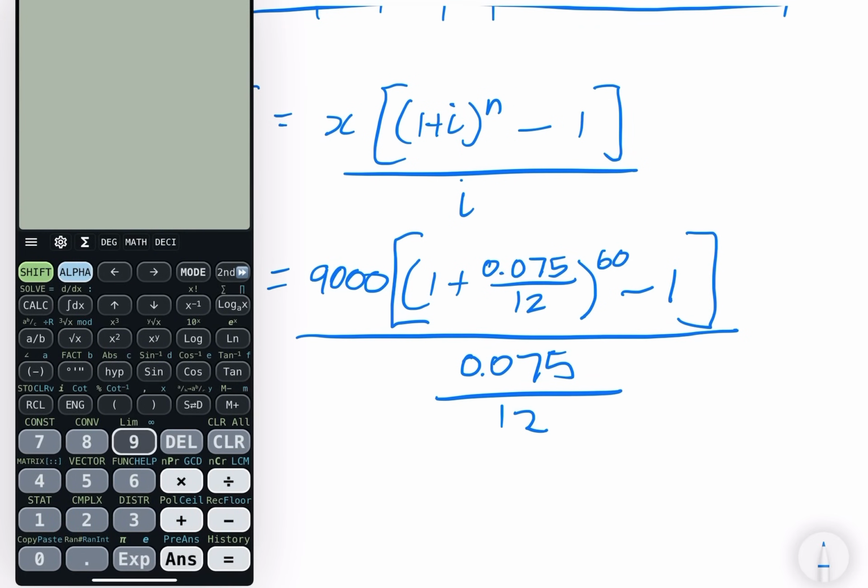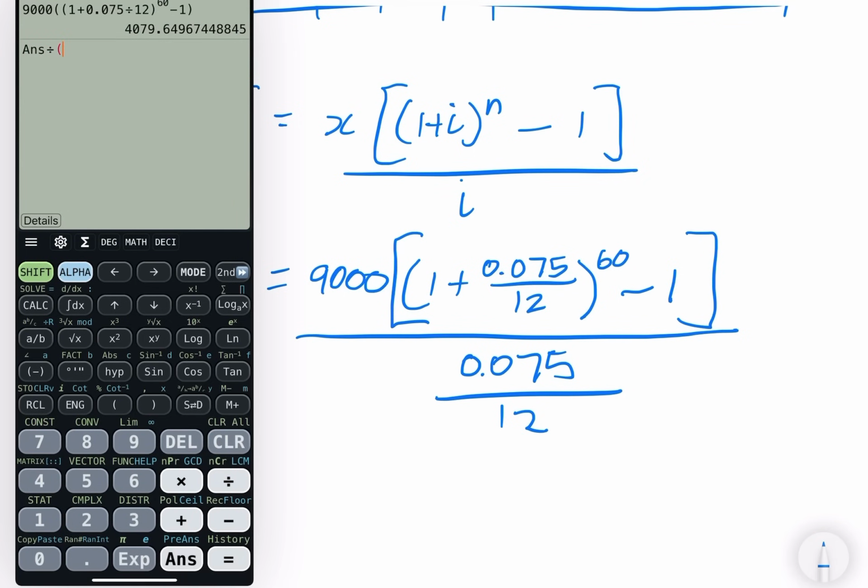Okay, let's try that. So we're going to say 9,000. I'm going to open 2 brackets there. So 1 plus 0.075 divided by 12. Okay, and y to the x, 60. Please just remember in this case to take the cursor down. So that's minus 1, and that gives me this value. If you want to, you can say equal to.